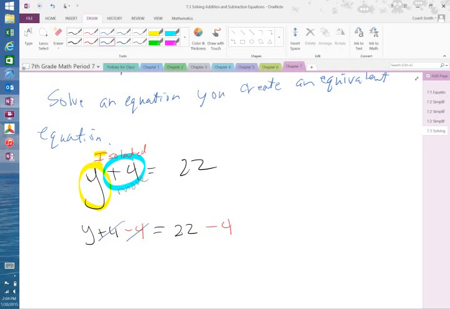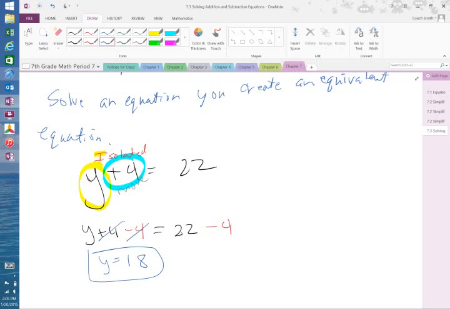When I take 14 and subtract 4 from it, what do I get? 10, the original number. So they cancel each other out. On the right side of the equation, I have 22 minus 4. What is 22 minus 4? 18. So my answer to this equation is y must equal 18, or the value of y is 18.